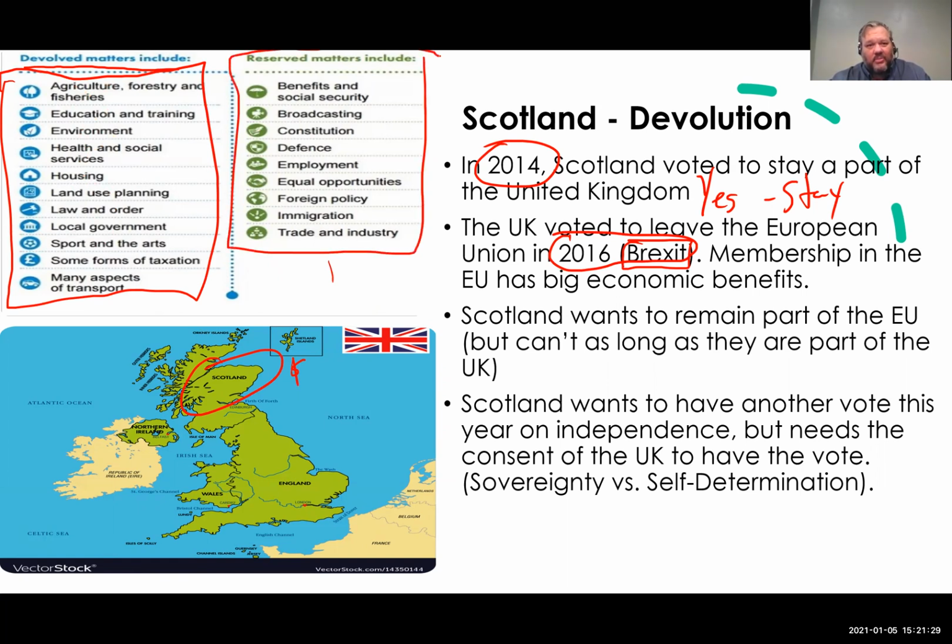This is what the UK government, the British government, would be responsible for: defense, employment, equal opportunities, foreign policy. You can get all that. And so anyway, when we talk about devolution, Scotland is experiencing it because they can do some of the things for themselves, but they are an independence movement as well because they're trying to get, again, independence from the United Kingdom.